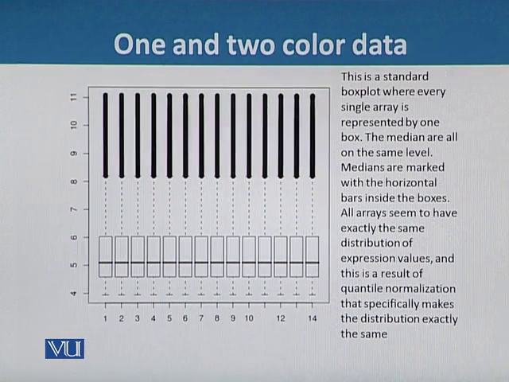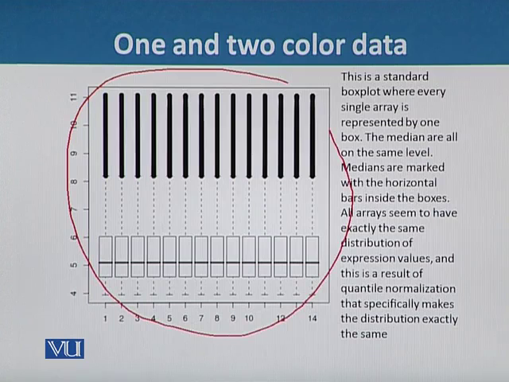So for one color data, instead of an MA plot, we get the box plot of all the 14 chip arrays. This is a standard box plot where every single array is represented by one box. The medians are all on the same level.